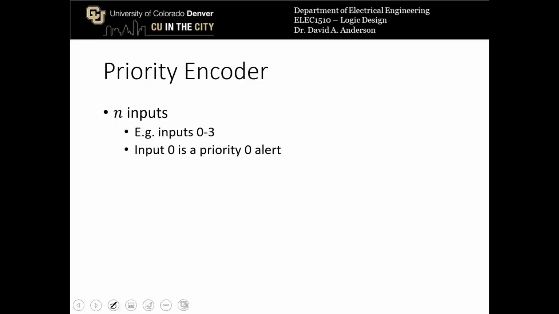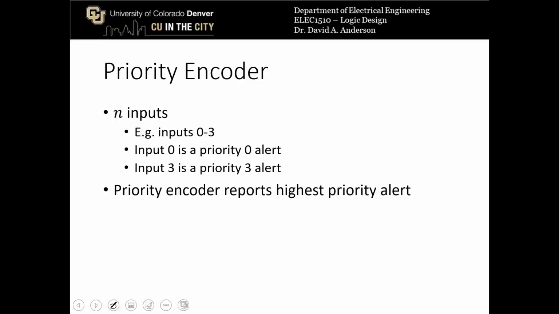We're going to say in a practical sense that each one of these inputs represents a priority, and they could be something like an alert. Like maybe some sort of message has arrived. So a priority 0 alert is a message that arrives but has low priority. So that would be input 0 into the system. Input 3 is a priority 3 alert, so that means a high priority alert has arrived.